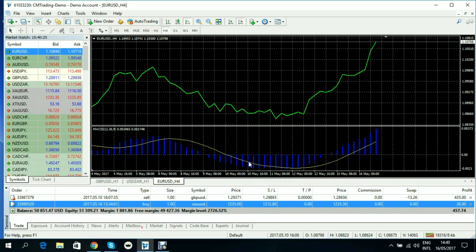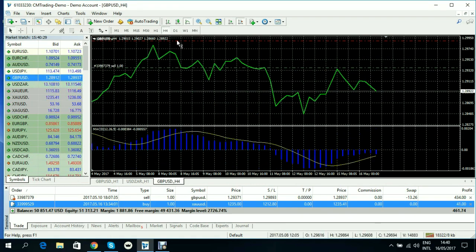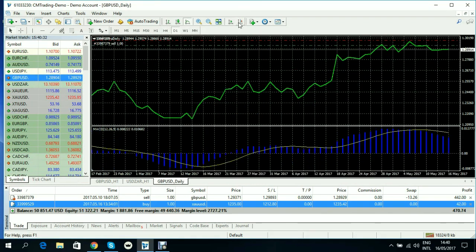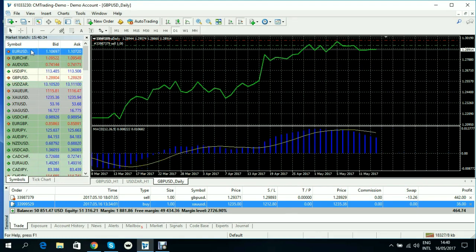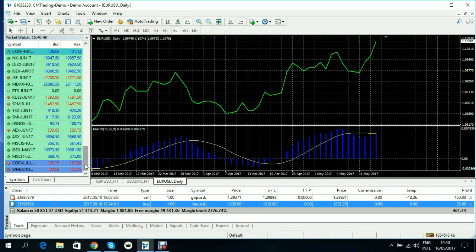That is what it means, that the price will be falling more. It takes practice to perfect this and to use it effectively. The more you practice it, the more you will know.